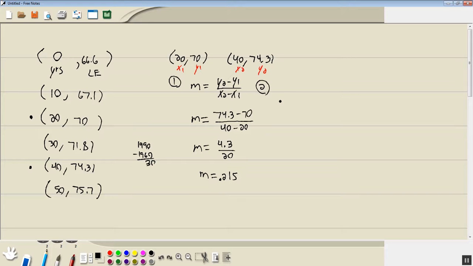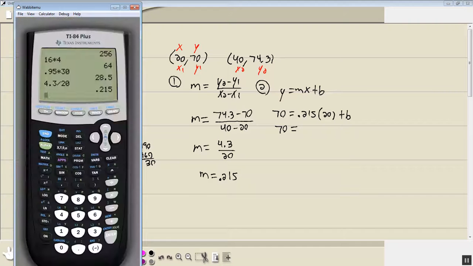Step 2. Plug in one of the points for x and y. Doesn't matter which one, whichever one looks easier. This one has less decimals. So plug 20 in for x and 70 in for y. m we just said was 0.215 times x, which is 20, plus b. And then I want to solve for b.